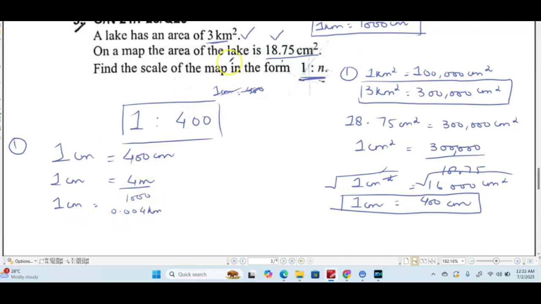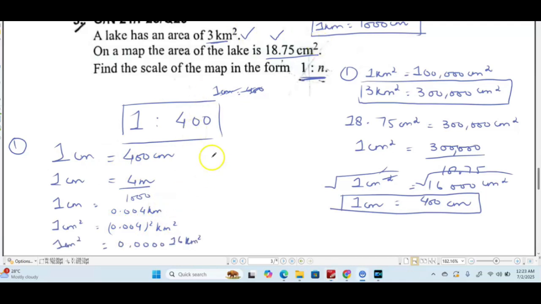And since the figures given in the question are in kilometer square, we need to multiply both sides with square. So this gives us the answer.